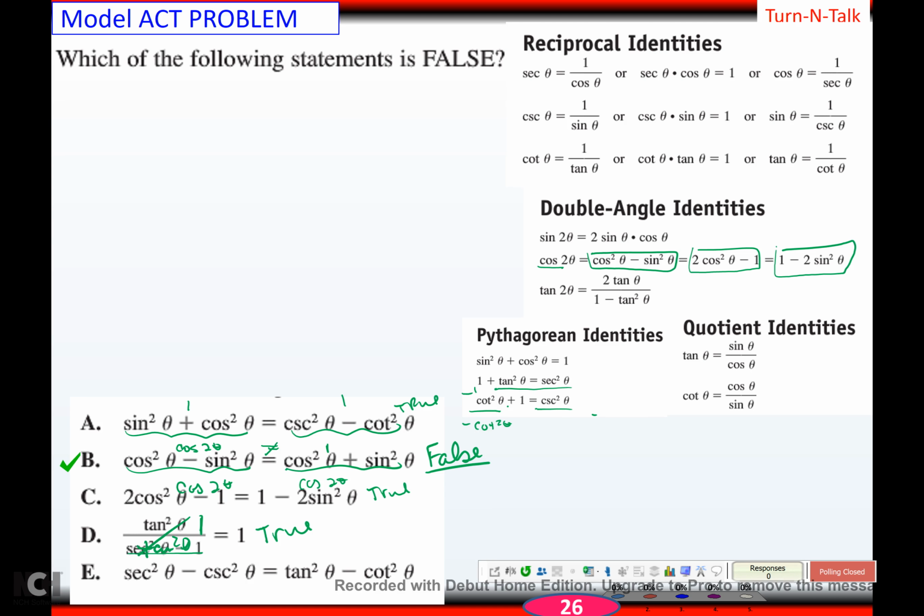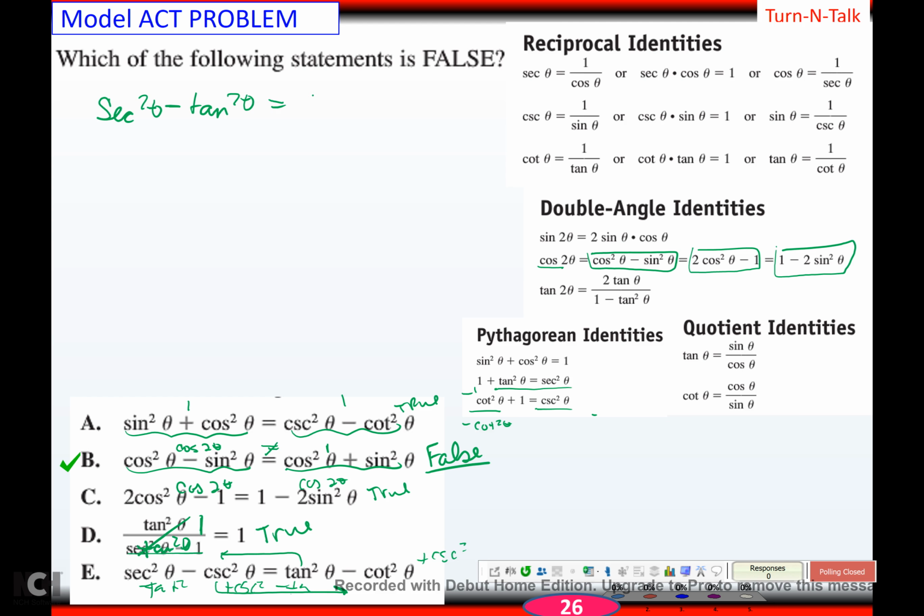So what I'm going to do is move this way, and move this way. That would give me secant squared theta minus tan squared theta, and then I would add cosecant squared to both sides.